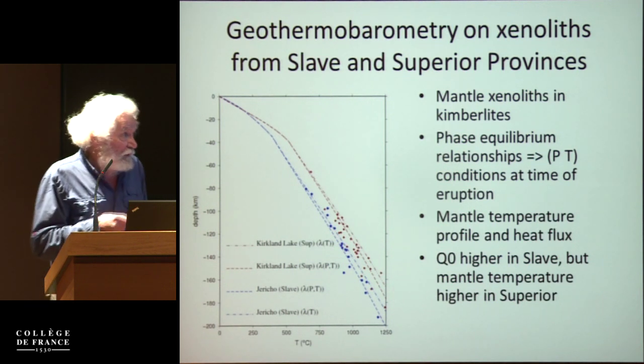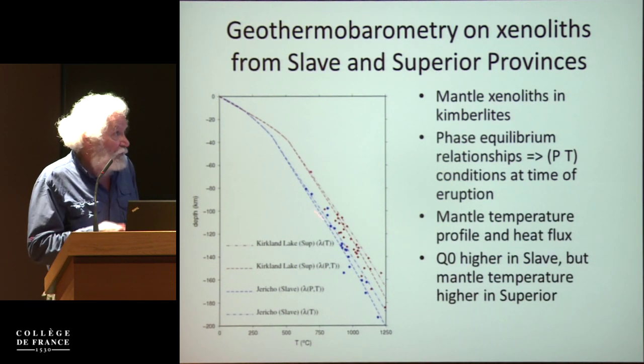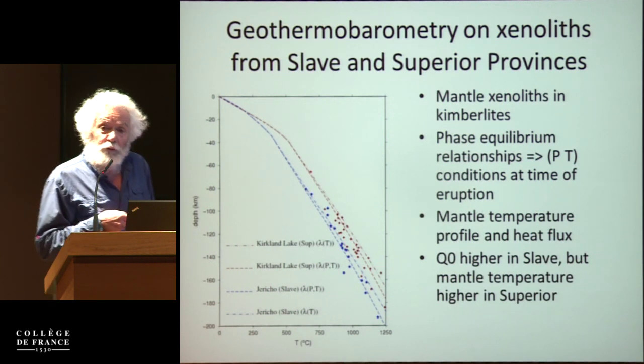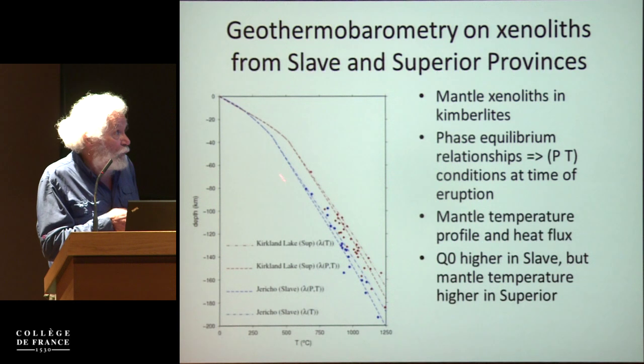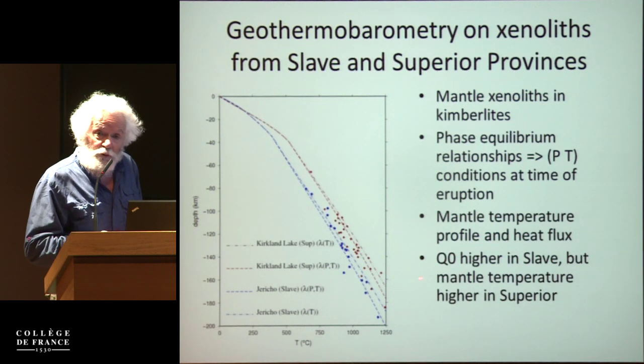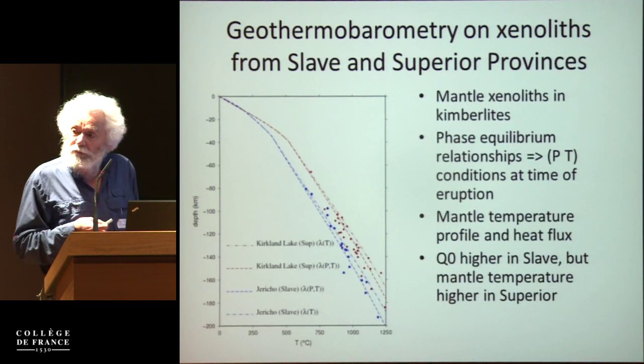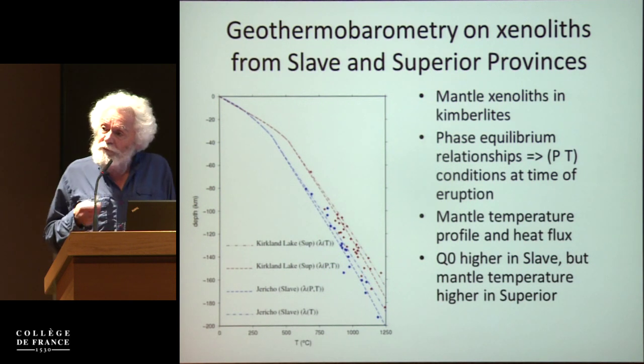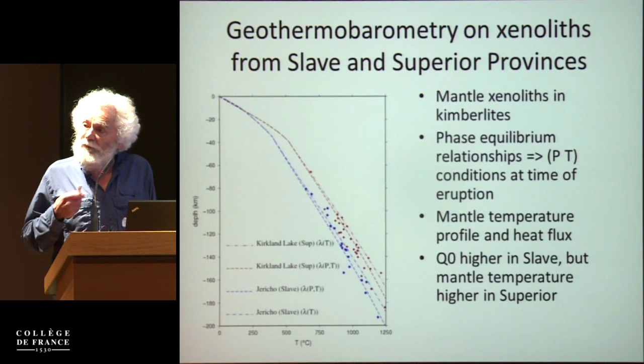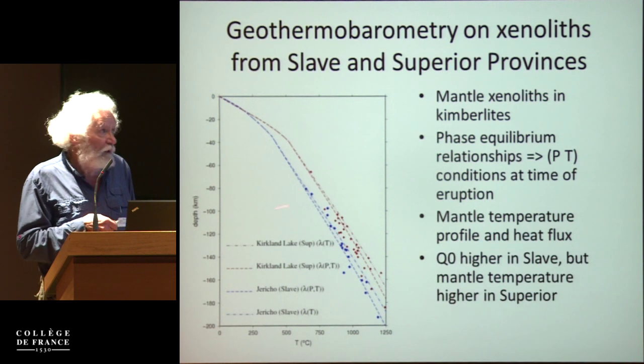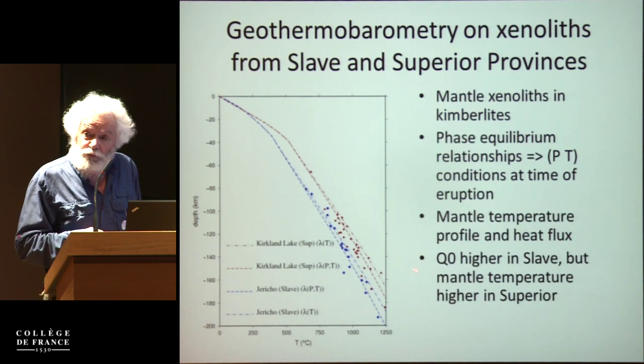Okay. The other thing that you can see is that both sets are fairly well modeled by geotherms that are more or less parallel in the mantle, indicating that once again we probably have the same mantle heat flux in both these regions.